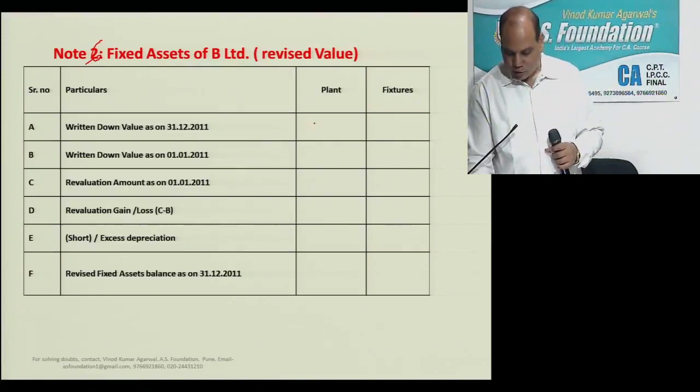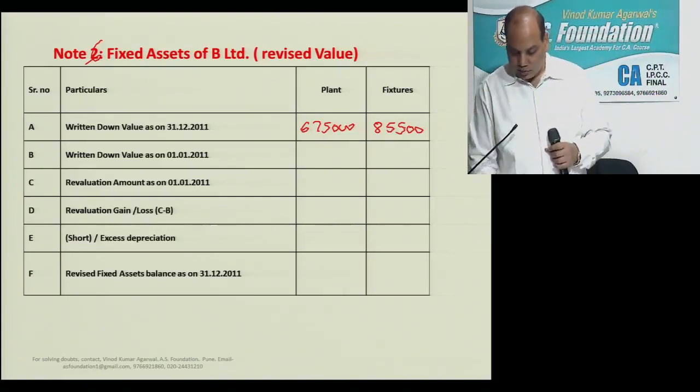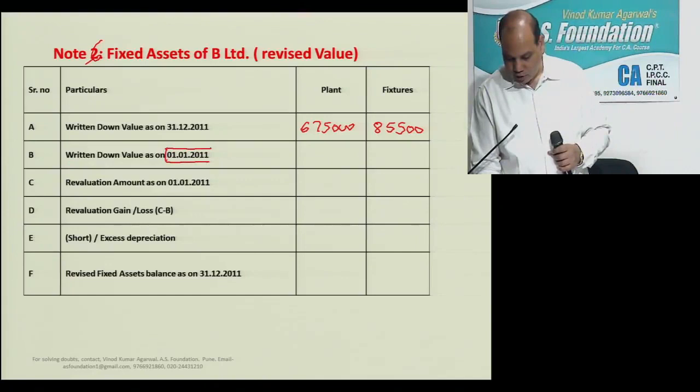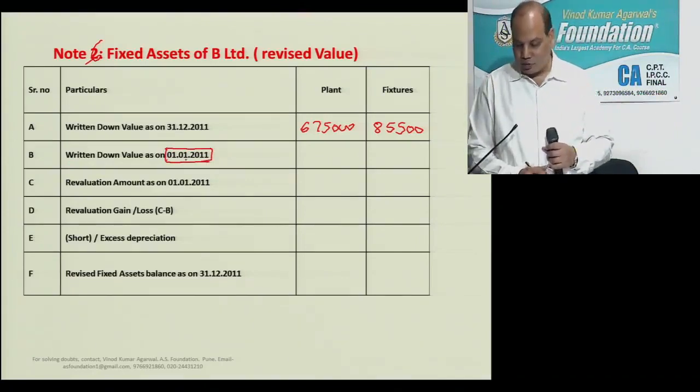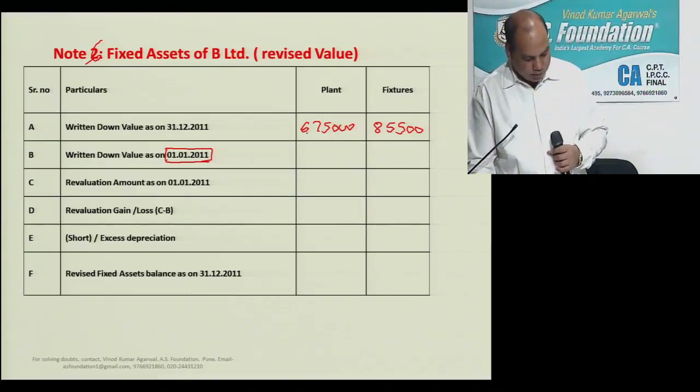So tell me how much is the opening balance you have written here? This is what is appearing in your notebook. Now we will find out WDV on 1/1/11, so do reverse working. This figure is after providing 10% depreciation.